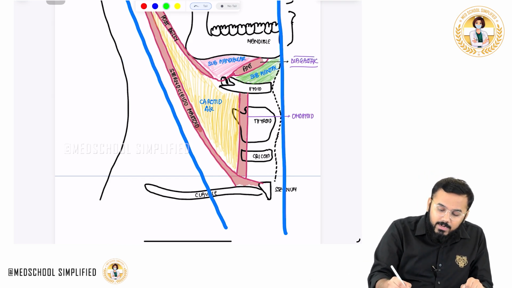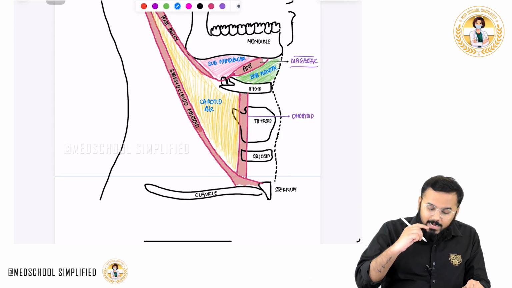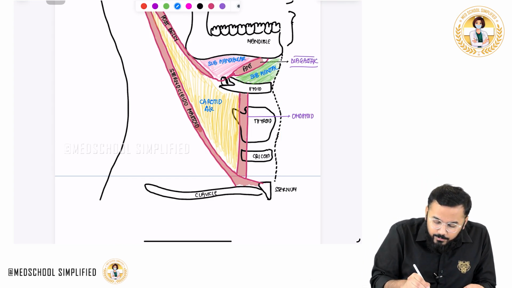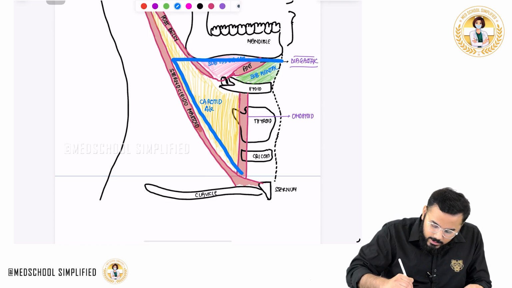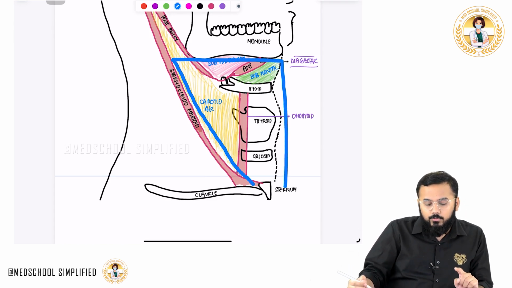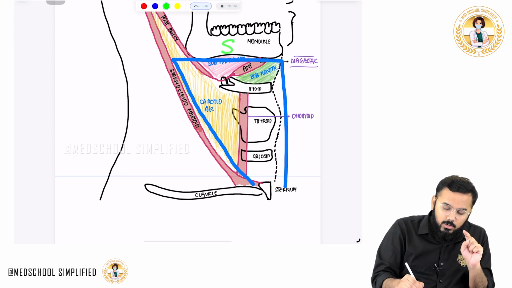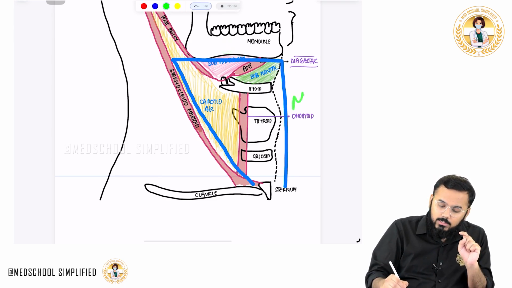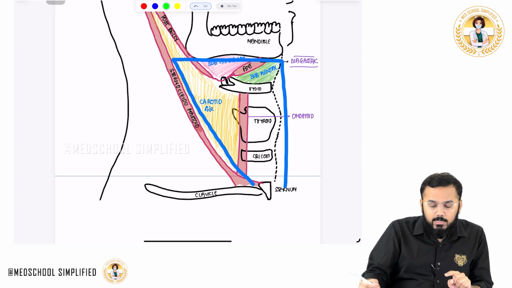Okay. So if we talk a little more in detail, let me draw the triangle exactly. Look here. This is one line. This is another line like this, and this is a third line. Now you will tell me precisely what the borders of the anterior triangle are. So there are three borders. This is called the superior border, this is called the medial border, and this is called the lateral border. The superior border is having what?